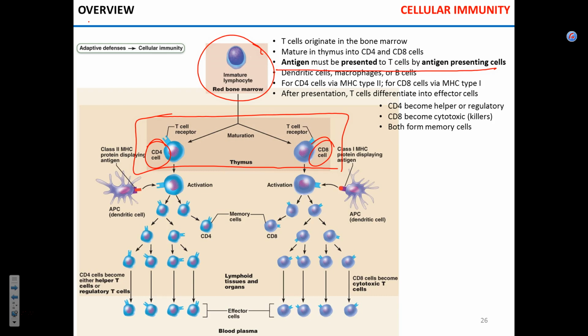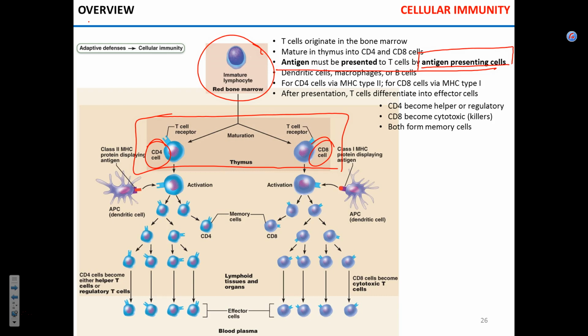Basically, it means that some other cell has to come over and say, hey, that's the antigen, that's what you are going to be hunting for. You got it? So that antigen presentation is mediated by antigen-presenting cells.